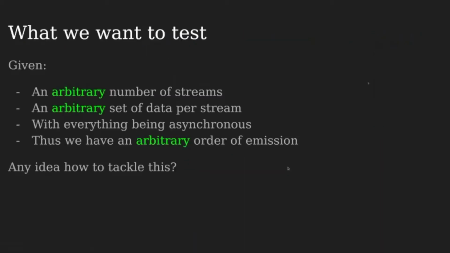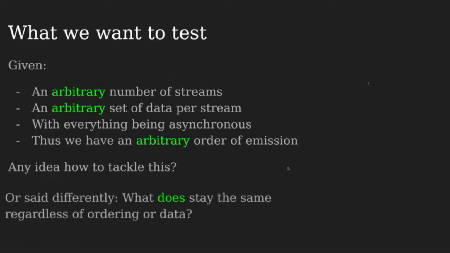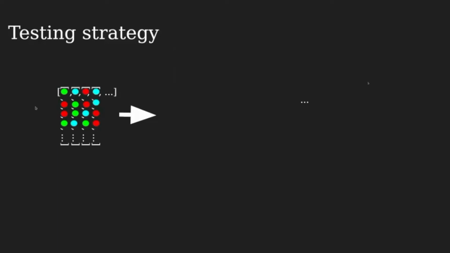So let's use that property for testing. First, we let the framework generate our test data. In this case, we have a two-dimensional array that may be of any length with data. For demonstration purposes, I showed it like this. Each of those is then transformed to a stream, which is pretty easy.